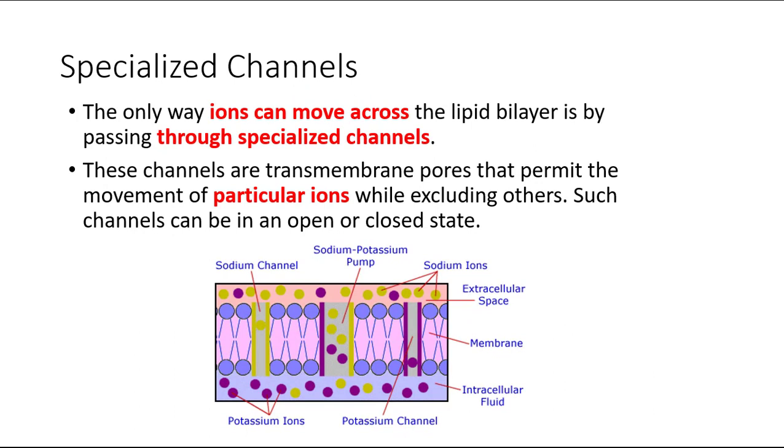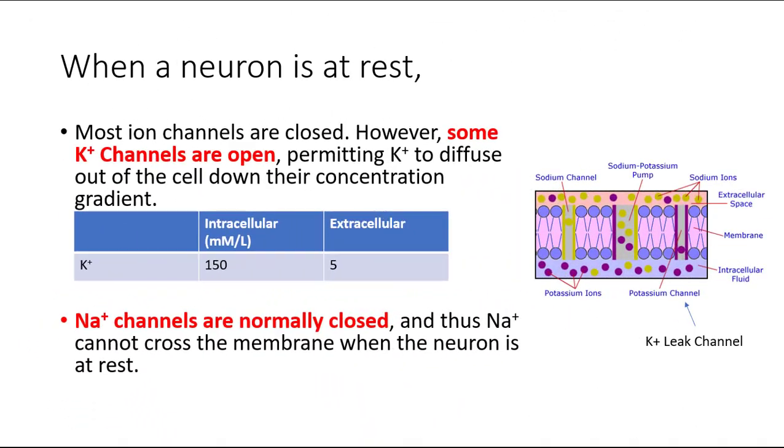The only way ions can move across the lipid bilayer is by passing through specialized channels. These channels are transmembrane pores that permit the movement of particular ions while excluding others. Such a channel can be in an open or closed state. Most ion channels are closed.